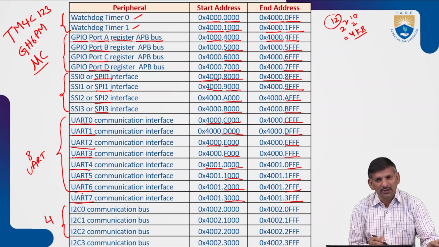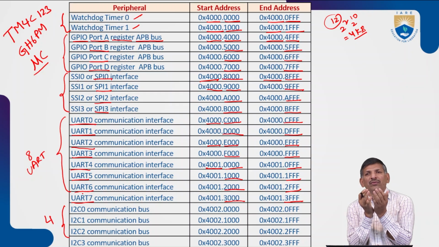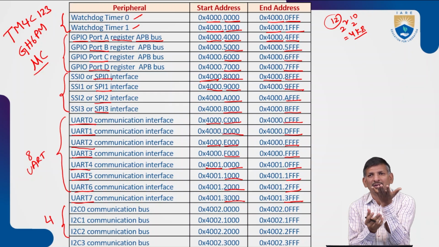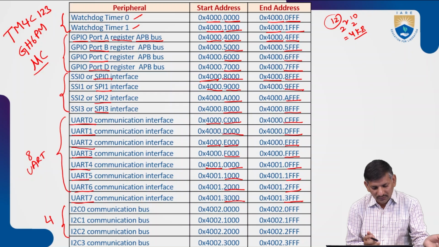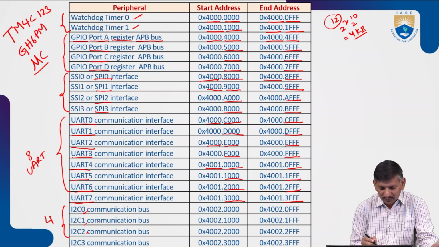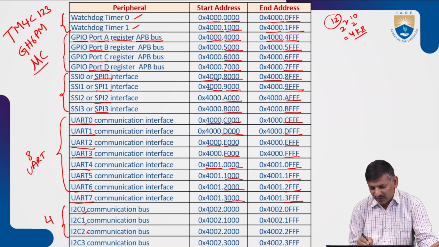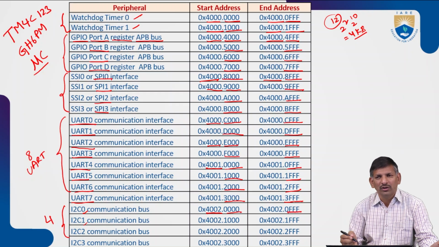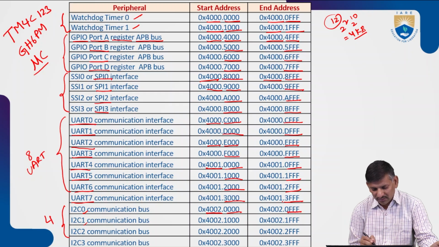It provides the communication among various ICs within the motherboard. Those are 0, 1, 2, 3. Okay. Here I2C 0, the address is ranging from 4002 series 0000 to FFF. All are 4 kilobytes memory capacities.